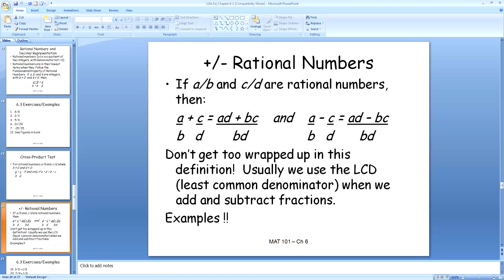For rational numbers, if you have A divided by B and C divided by D being rational numbers, then you can add fractions together by using these formulas. You can add and subtract fractions together.